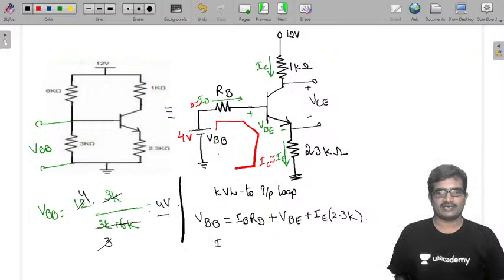Now here IB is approximately 0 and IE is approximately IC.